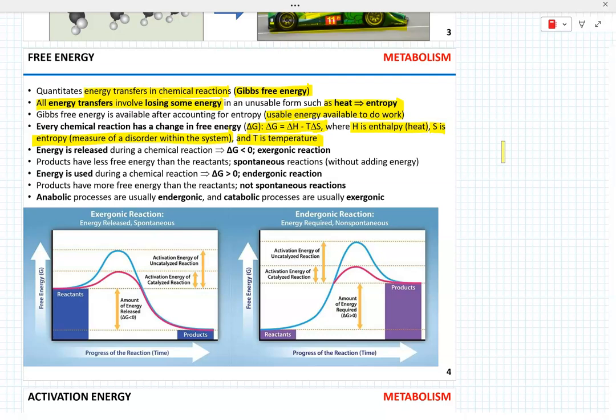So if the Gibbs free energy of reactants is greater than the Gibbs free energy of products, the energy will be released during the reaction.